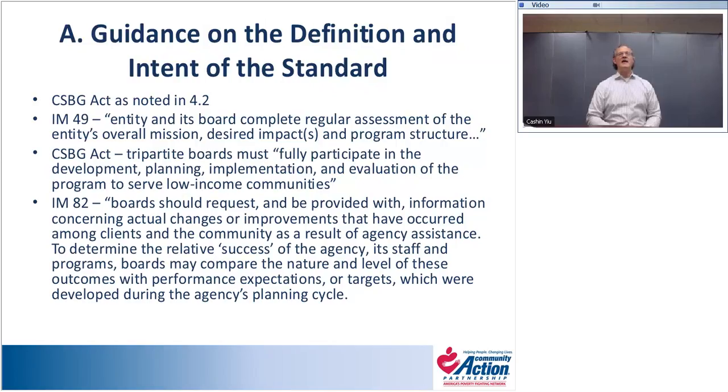So again, that IM clarifies the role of the board in looking at the actual outcomes that should be tracked based on the Community Action Plan. So again, this particular section provides that basic background explaining how this particular standard is connected both to the Act and to the guidance in a couple of different IMs, and especially explains the important role that the board plays when it comes to looking at the outcomes that you talk about trying to achieve through your Community Action Plan.